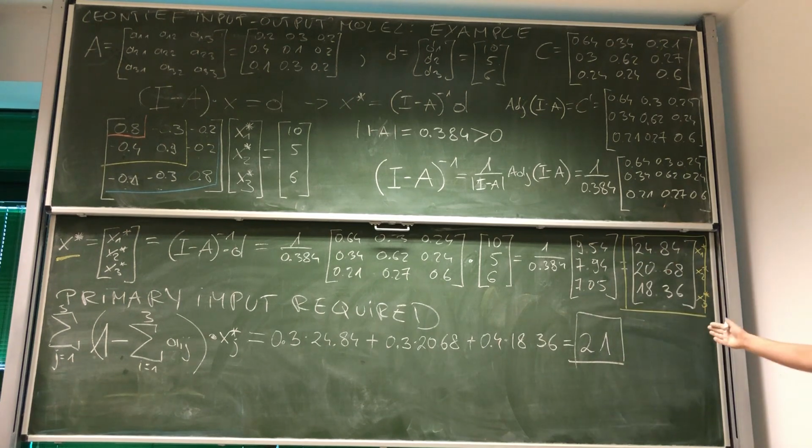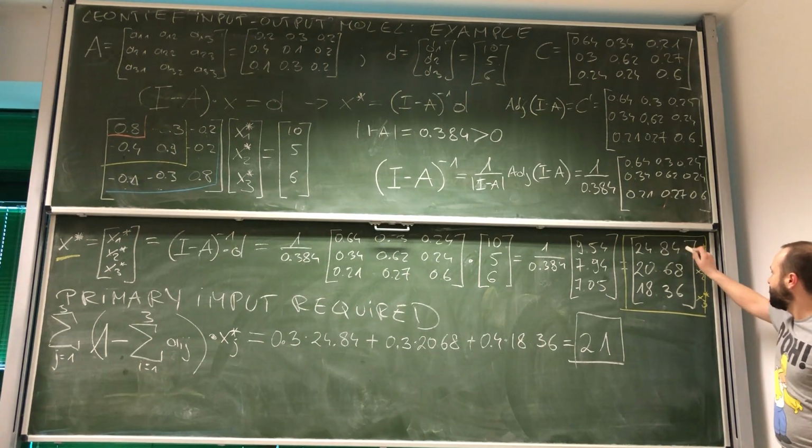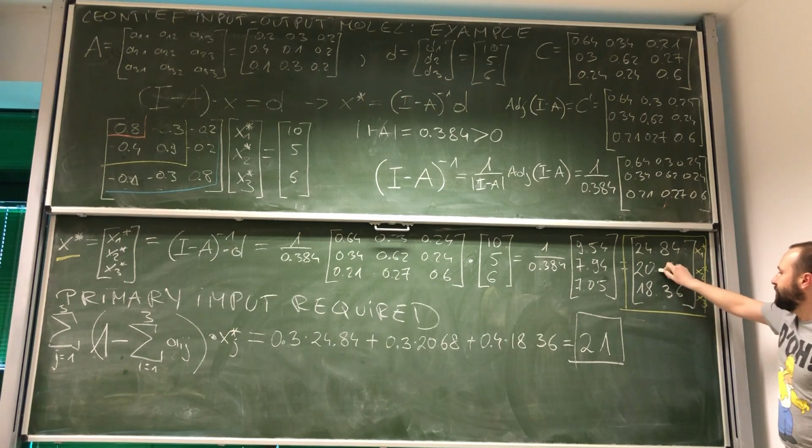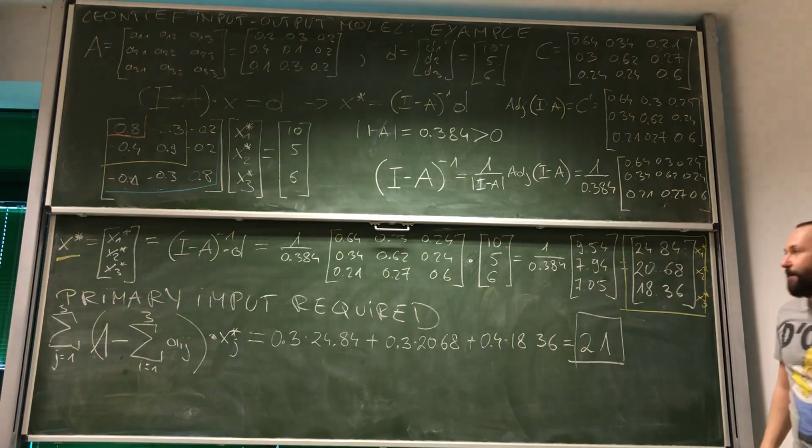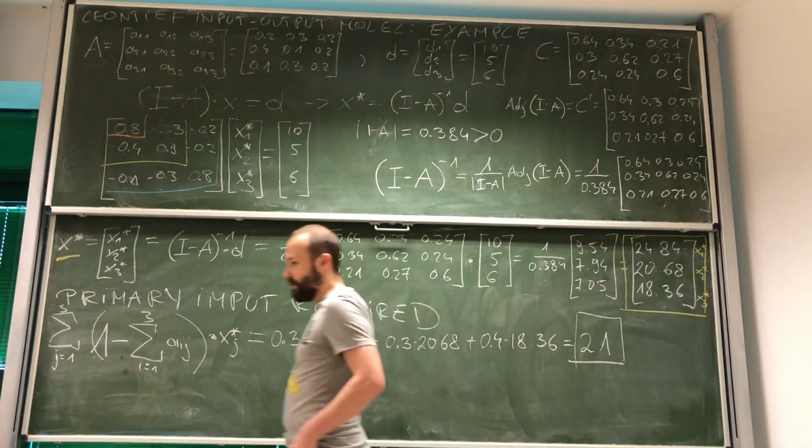And this is how much primary input is required in order to produce this much of each of the goods.